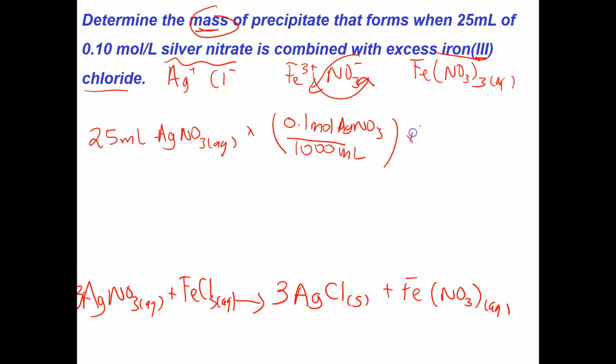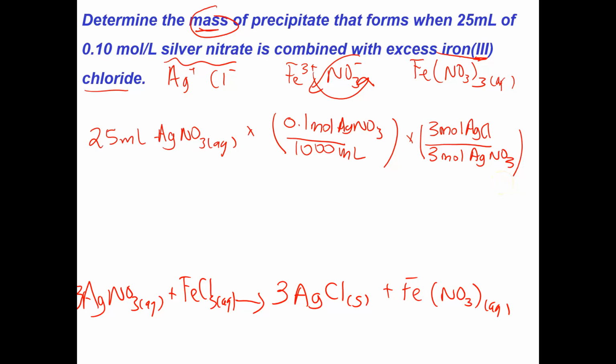Now, because we've got a balanced equation, we know we get 3 moles of silver chloride, our solid, for every 3 moles of silver nitrate.